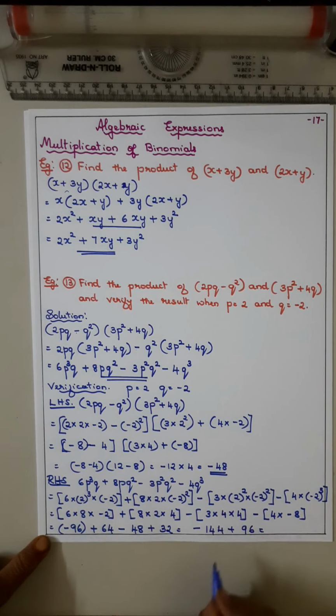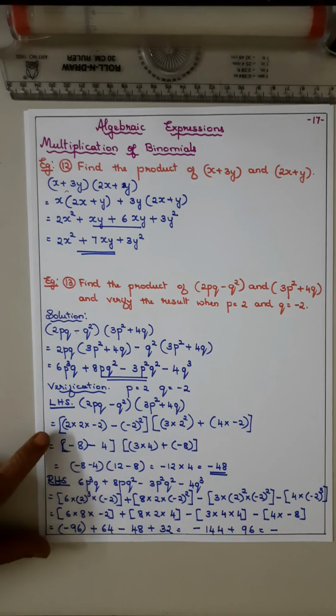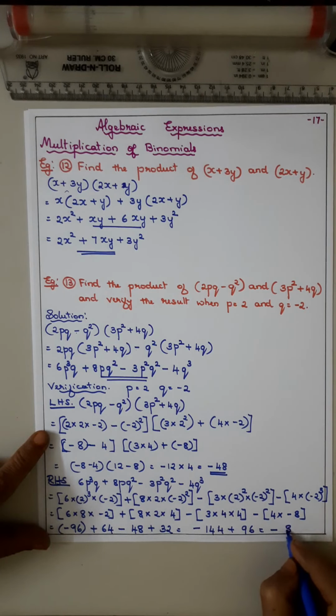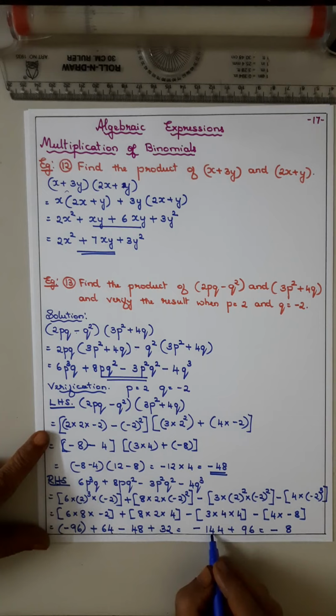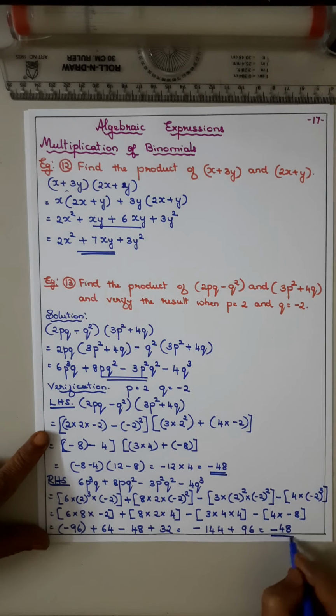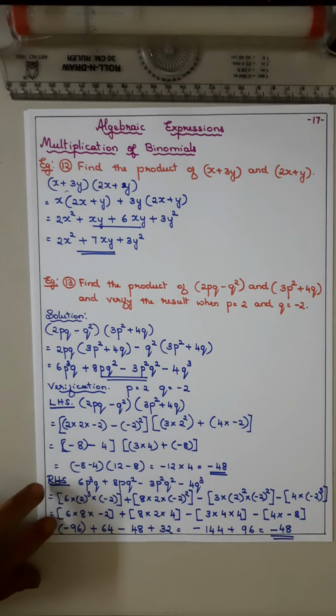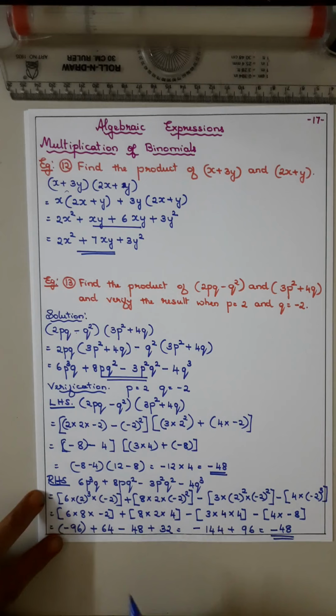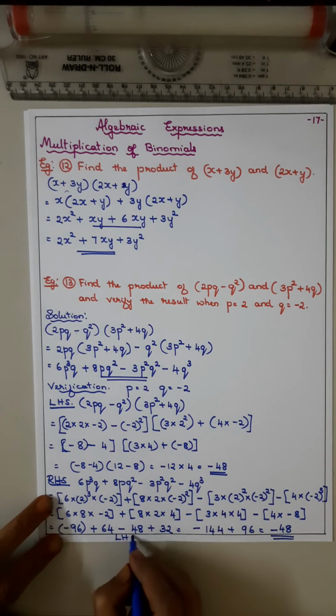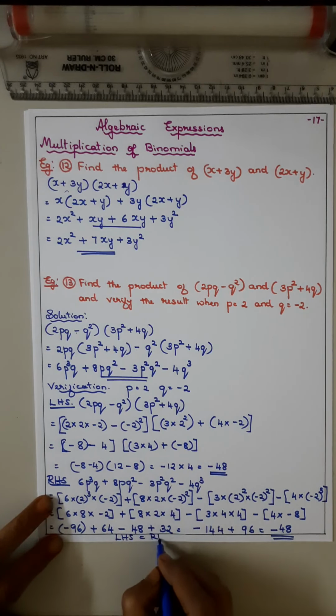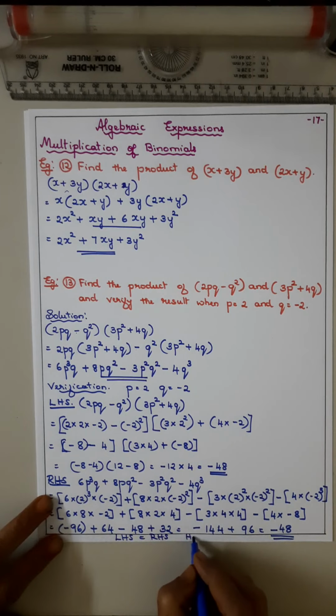So the answer is minus, subtract karne ka hai na, minus 4 5 6 means 8. Now here it is 3 remains, 3 4 5 6 7 8 9, 4 remains. So you got minus 48. LHS is equal to RHS, hence verified.